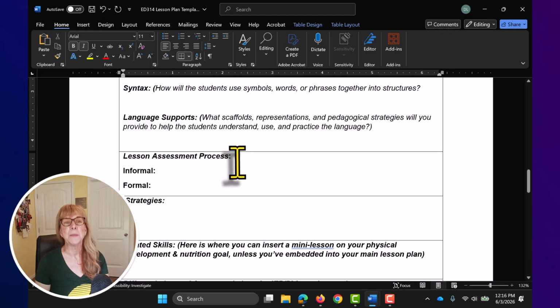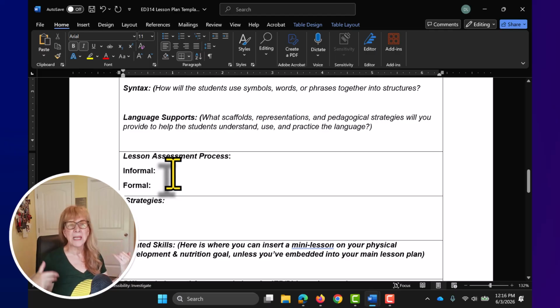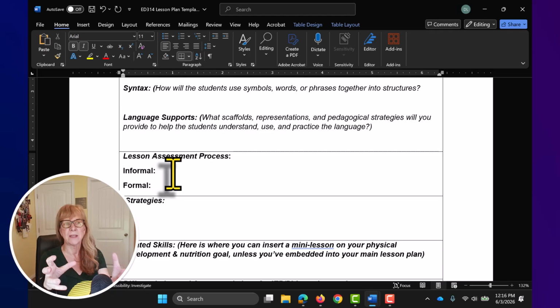The next section is assessment. And assessment happens informally and formally, right? We take hard data so that we know where each one of our students is in terms of the lesson objective.